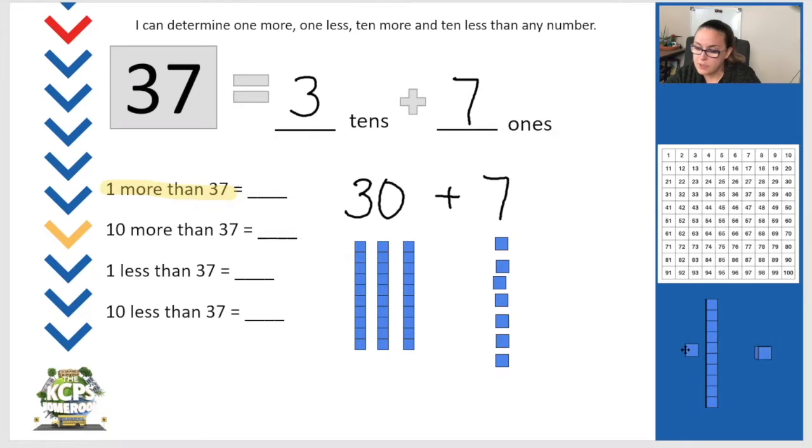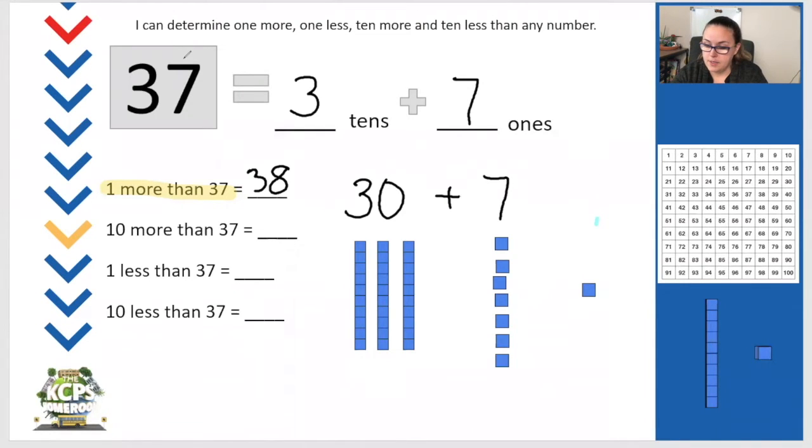That's right. Let's use a unit square. So if we add 1 more to 37, add 1, what do we get? Well, 30 plus 7 we know is 37. Count on 37 one more time and we get 38. Good job.